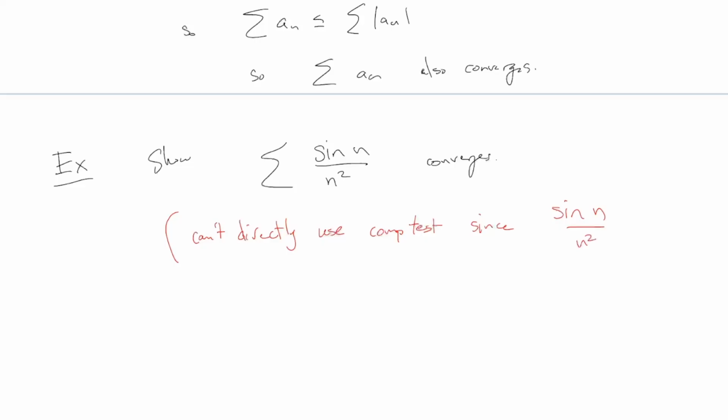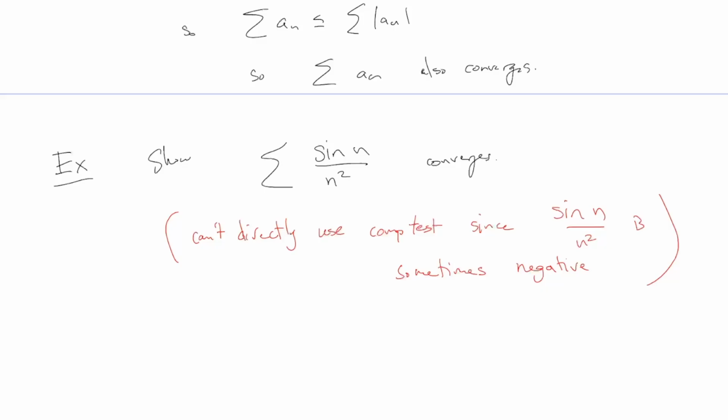So sine of n over n squared is sometimes negative. And remember, the comparison test only works when all the terms are positive.